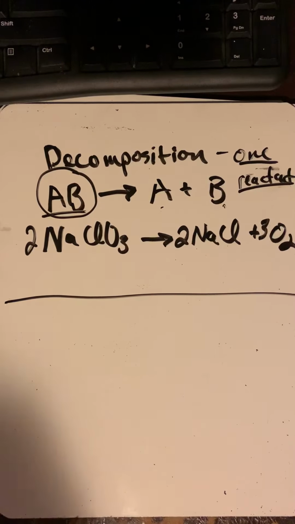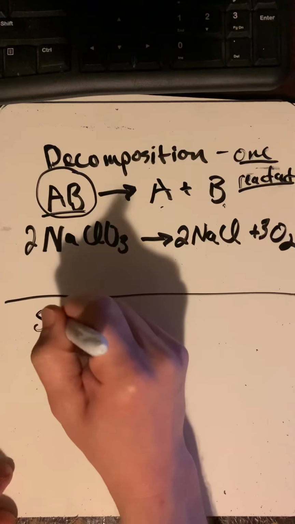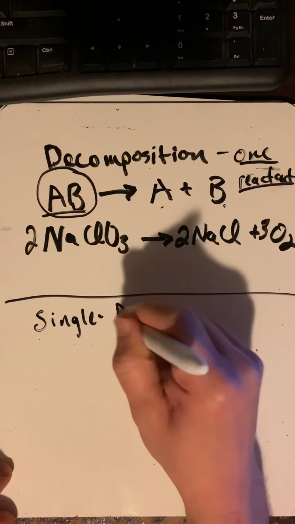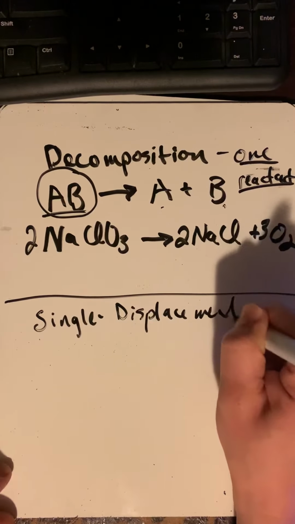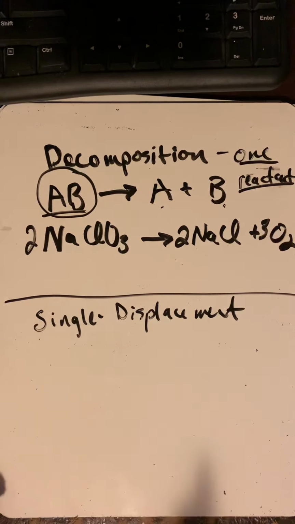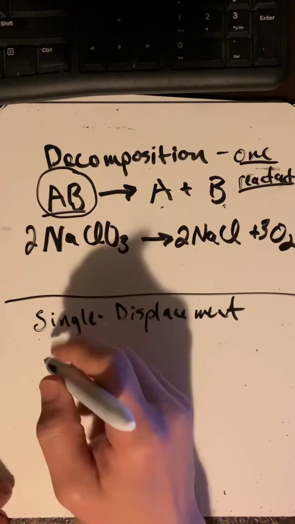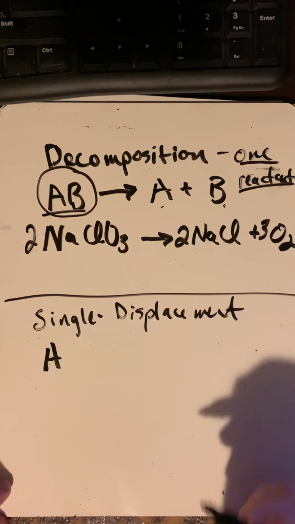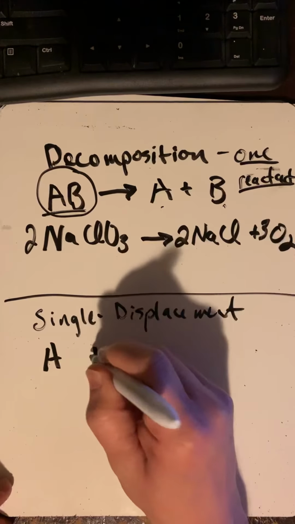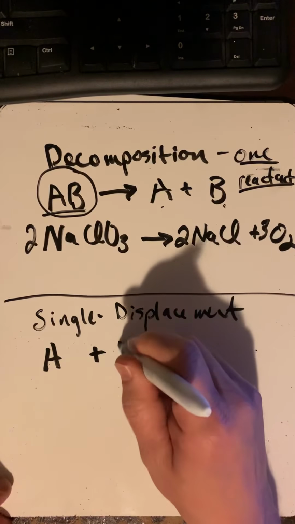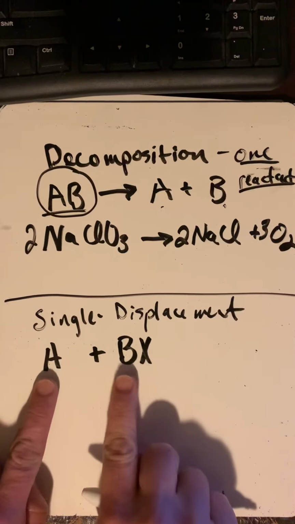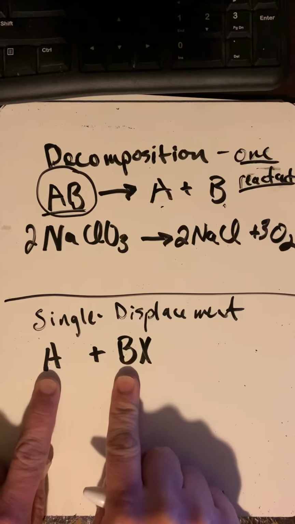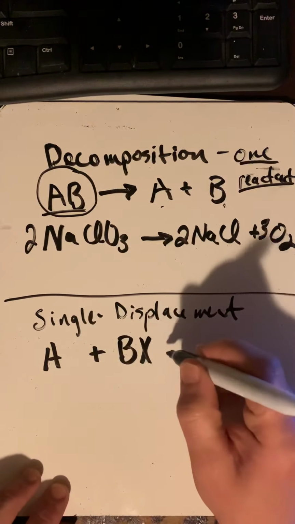Okay, third type of reaction is called single displacement. Okay, so in single displacement, you have one element that's by itself that reacts with a compound, and this element and this element in this compound are going to switch places.